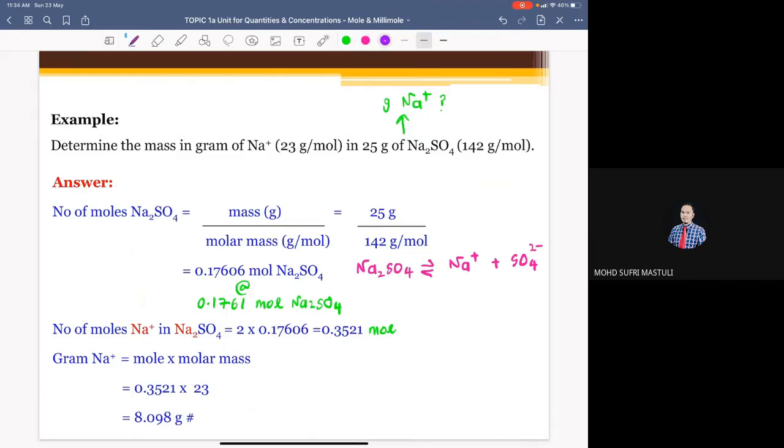Because it has two sodium atoms, in order to make a balanced equation, there is a 2 in front of Na+.